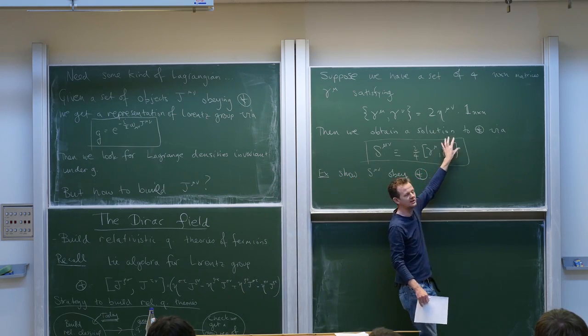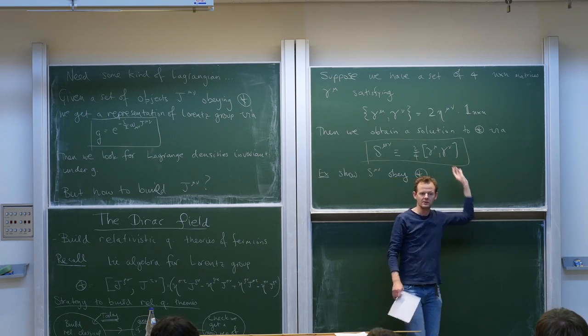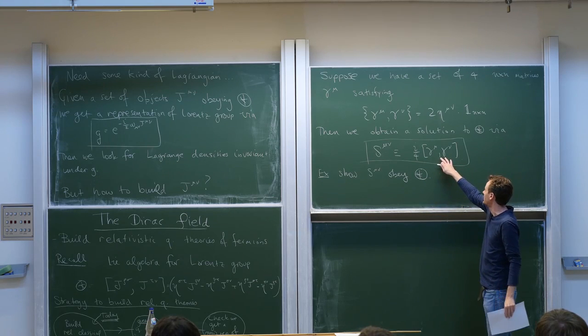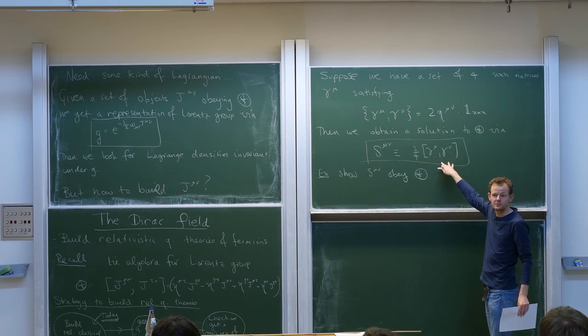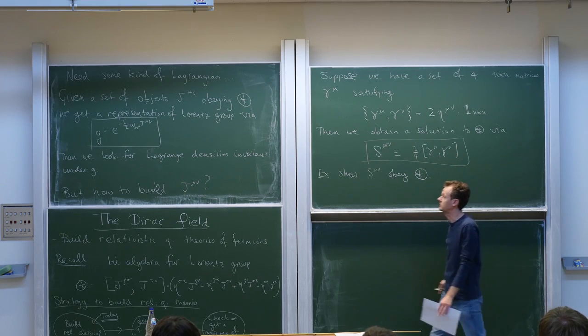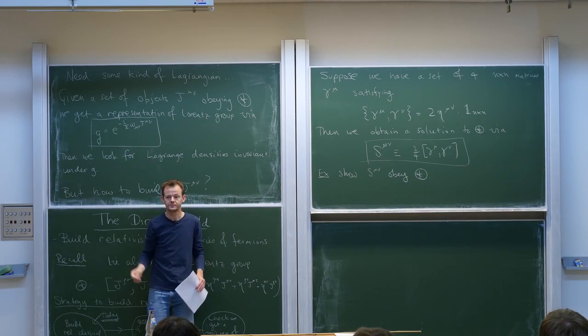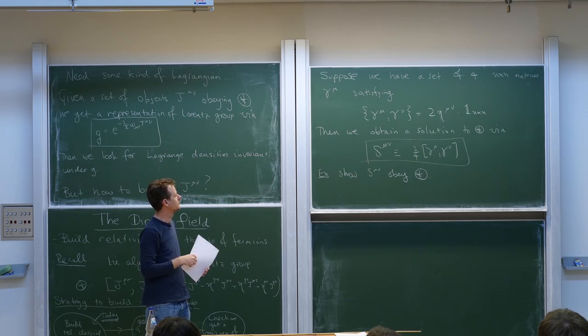You can already see that this is about right in terms of the number of degrees of freedom. There are precisely 3 times 2 times 1 of these objects, so there's 6, and that's exactly the number we need for the Lorentz group. So all you have to do is convince yourselves that this works.